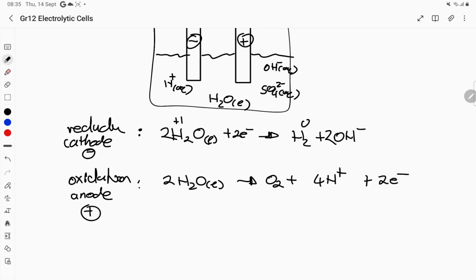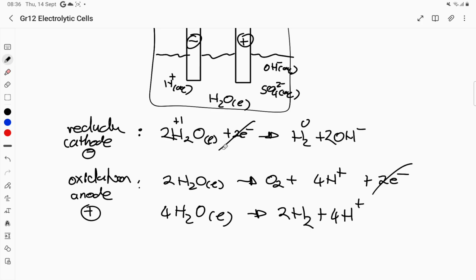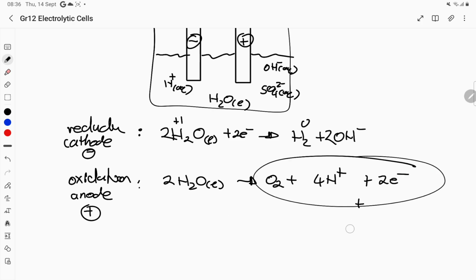If you add these two together, sorry, I saw a mistake here. We have a +2 charge on the right, and on the left we have a 0 charge. So there's a problem. I need 4 electrons.